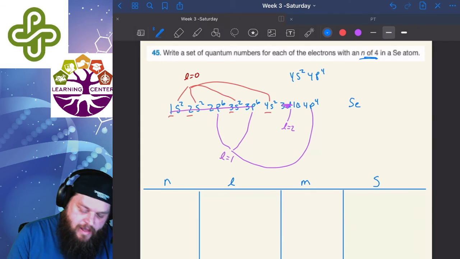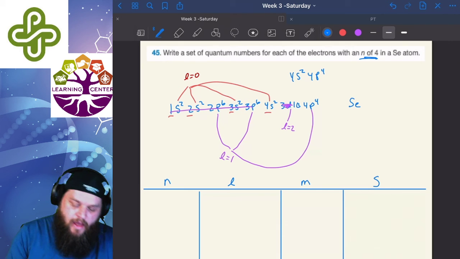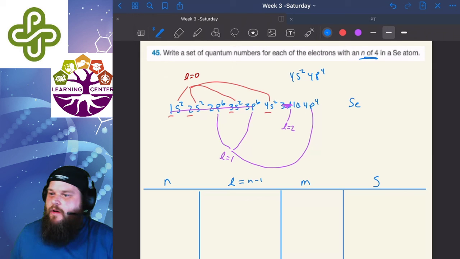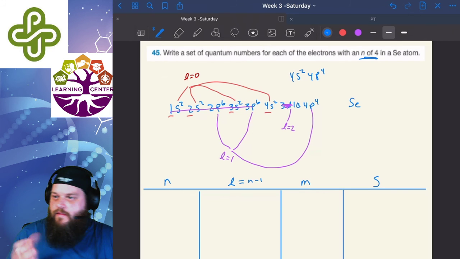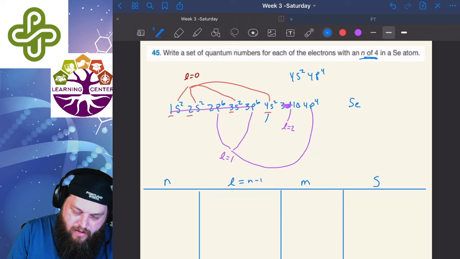Remember that N can be any positive number from 1 up to infinity, but L needs to be up to n minus 1. So if n equals 4 in this case, you can't have an L of 3. You can only have L up to n minus 1. And in this case, since we're only dealing with S and P's, L is going to be either 0 or 1.